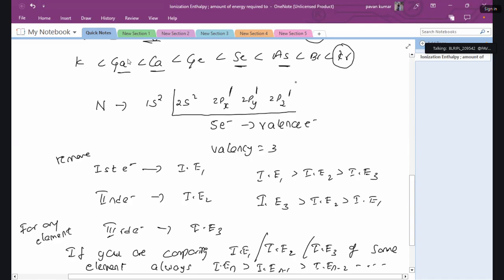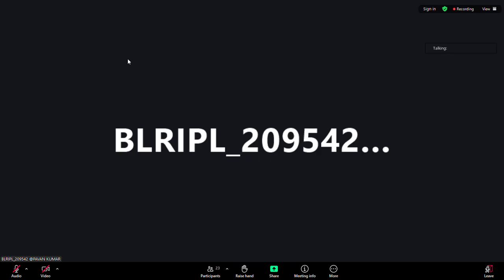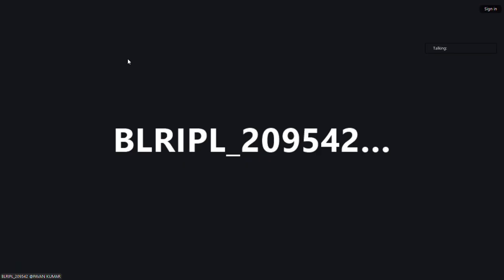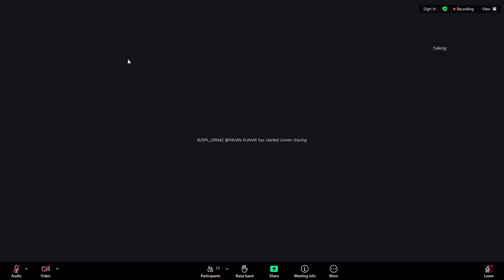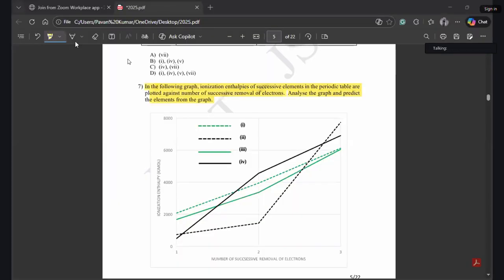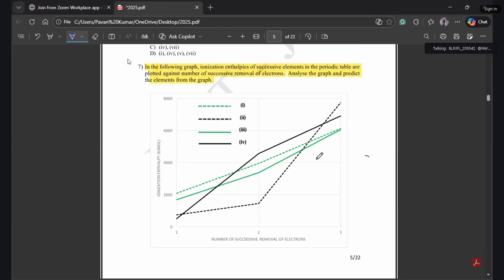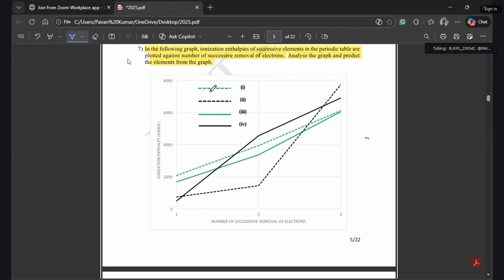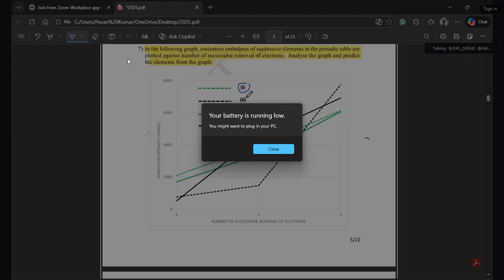Okay. Now we'll see the question now. Now see the question here. Okay. So if you see, the green dotted line represents 1, the black dotted line represents 2, the green solid line 3, and the black solid line is 4.